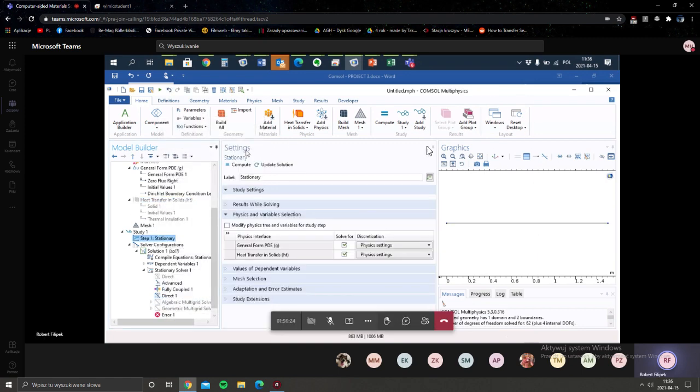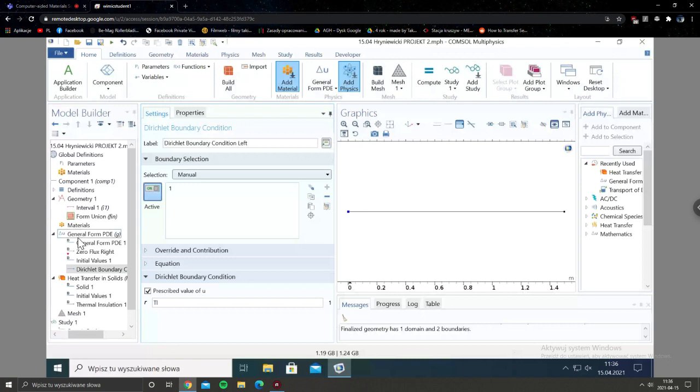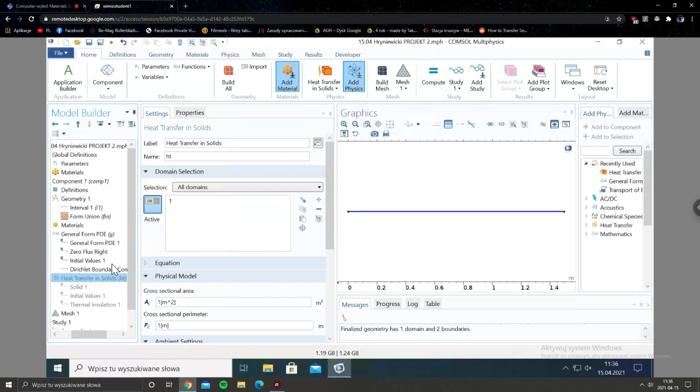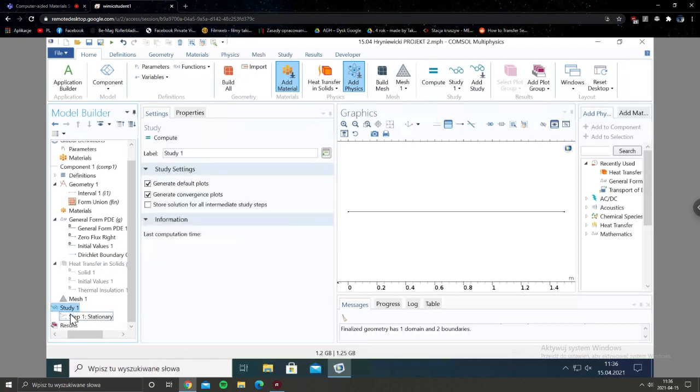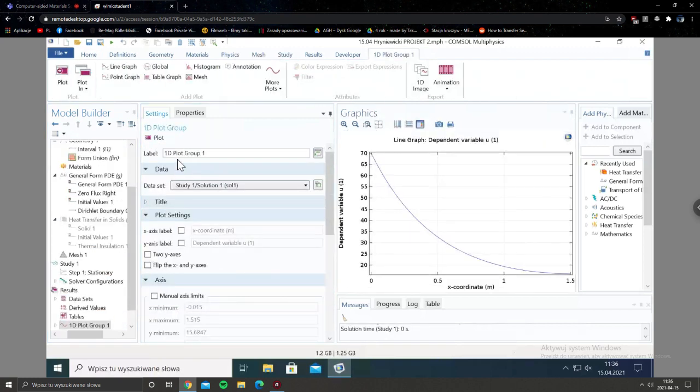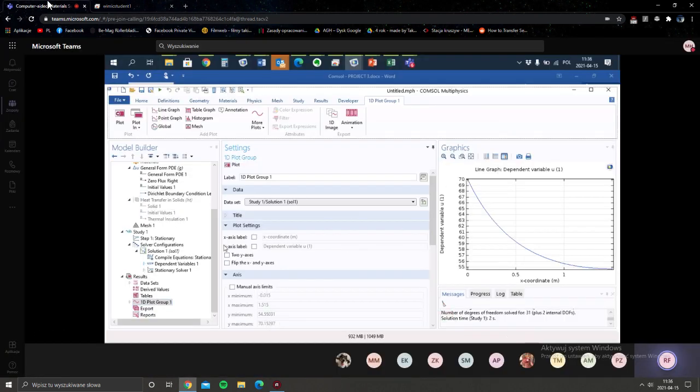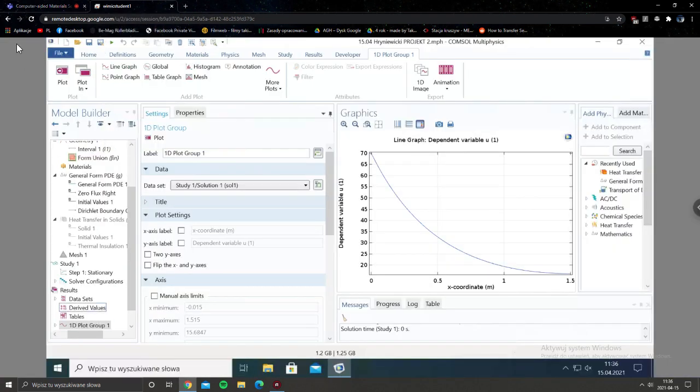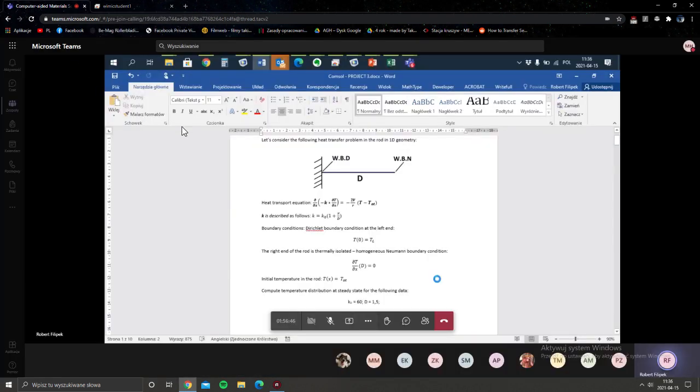So in such case, I hope we will be able to perform calculations, yes. And this is our solution. It looks very nice. So it is exactly the solution of our problem. But it was done using general form PDE interface, yes?